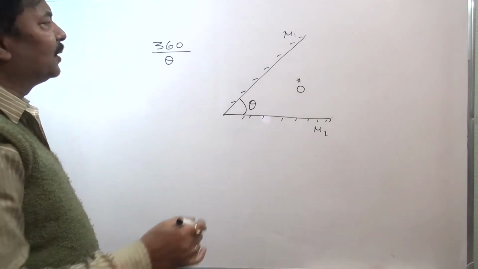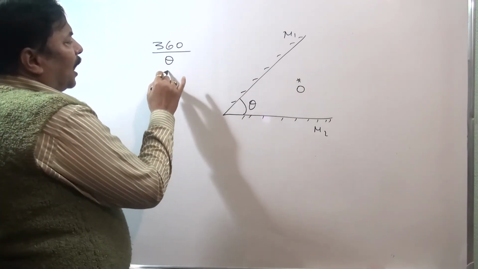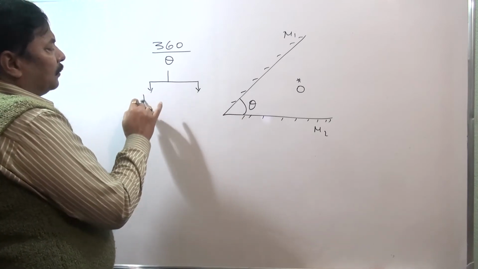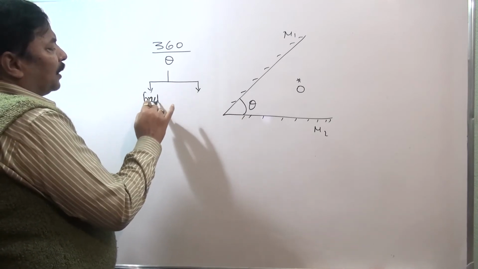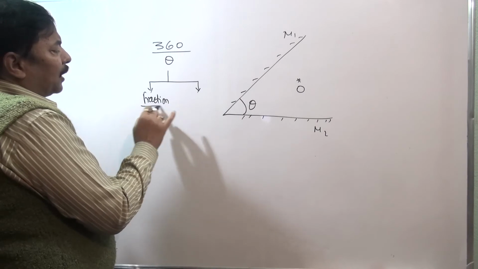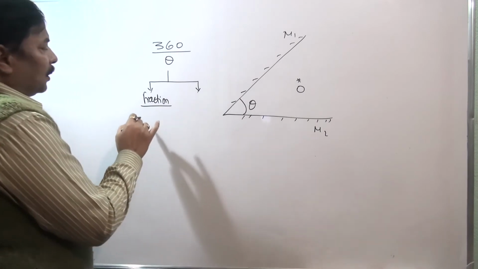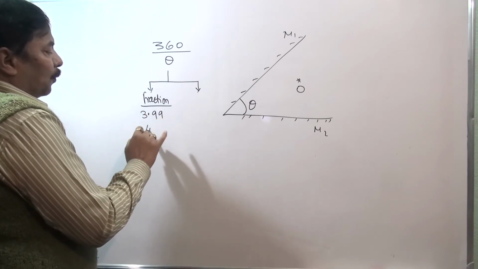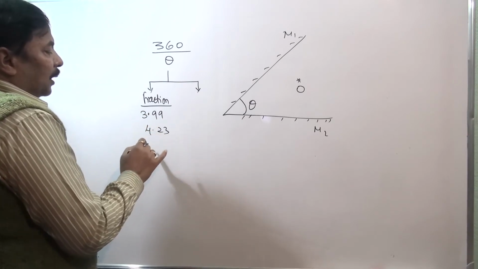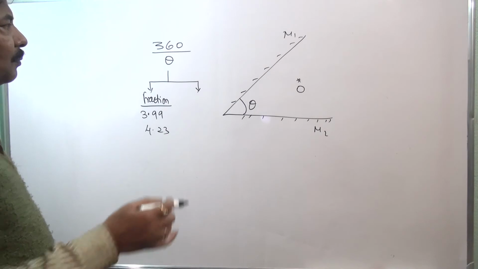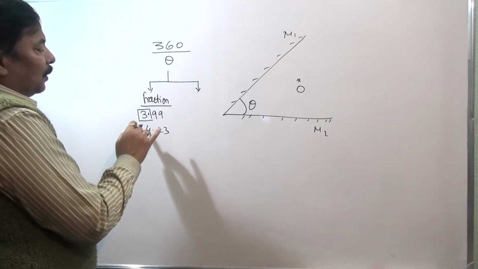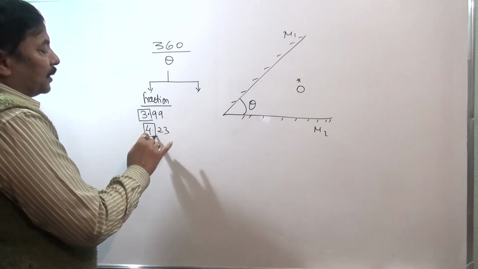If you divide 360 by theta, there are two possibilities. Either you will get a fraction, for example 3.99 or 4.23, any fraction, then the integral portion will represent the number of images.